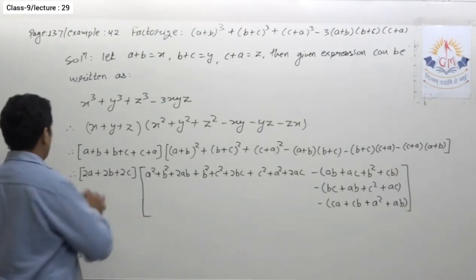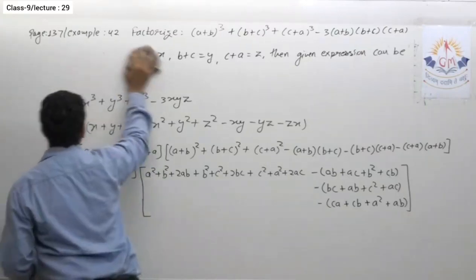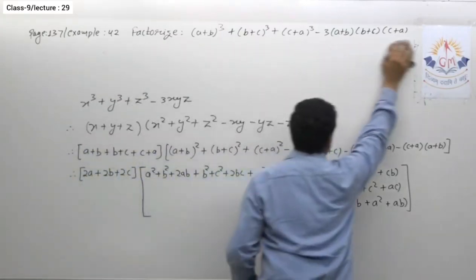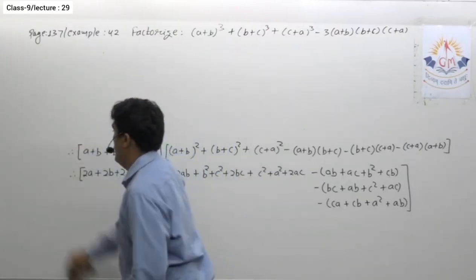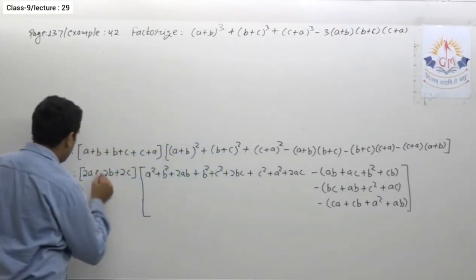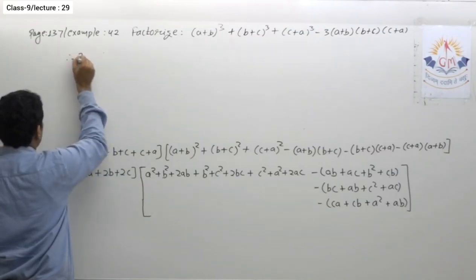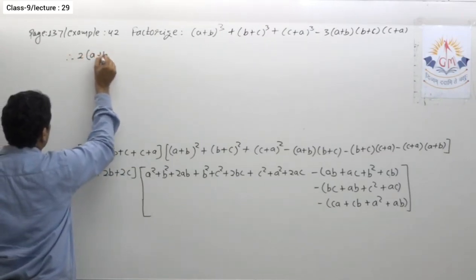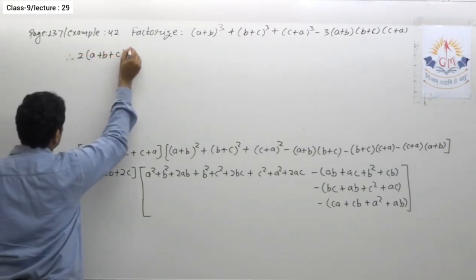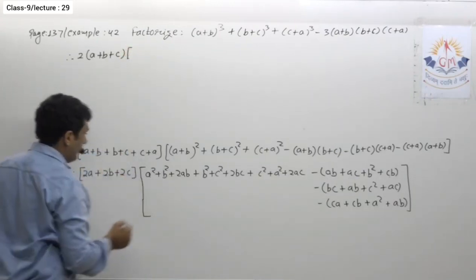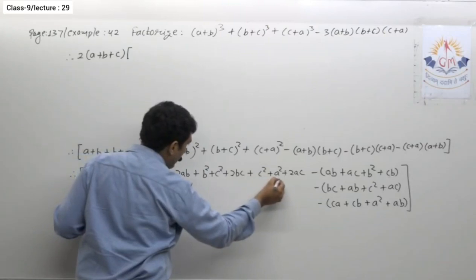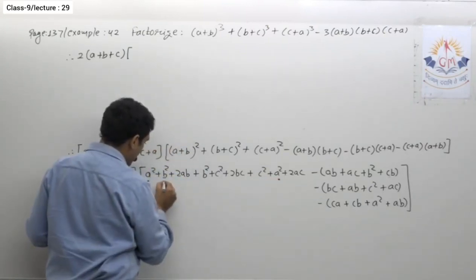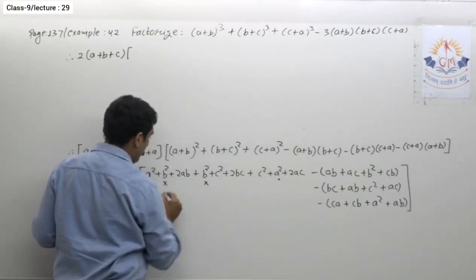Okay, so let us see how to solve it further. Okay, now from these I can take 2 common. So here I do write 2(a+b+c). Okay, now over here this a square, again I have a square. Then this b square, again I have b square.